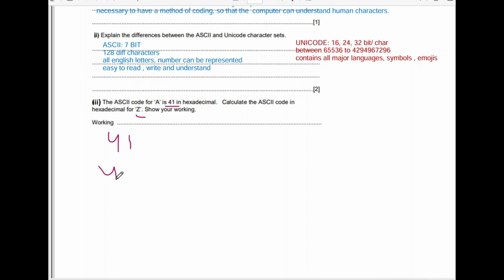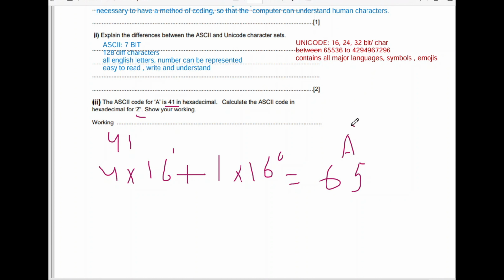So you multiply 4 into 16 plus 1 into 16, and give them power 1 and then 0. 16 to the power 1 is 16, 4 times 16 is 64, plus 16 raised to power 0 is 1, so 64 plus 1 is equal to 65. So the hexadecimal value for A was 41, and now in decimal it is 65.